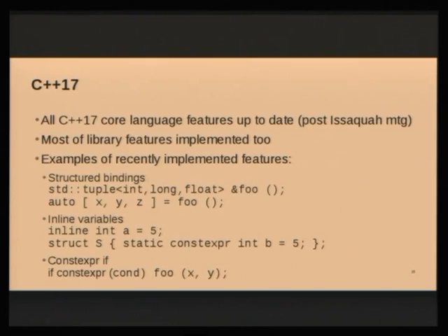The main reason for adding inline variables was the problem with static constexpr static data members inside of structures, because in C++14 and earlier, if you write something like this, this is only a declaration. And so as long as you use the static data member in normal context, you just use the value, that's no problem.